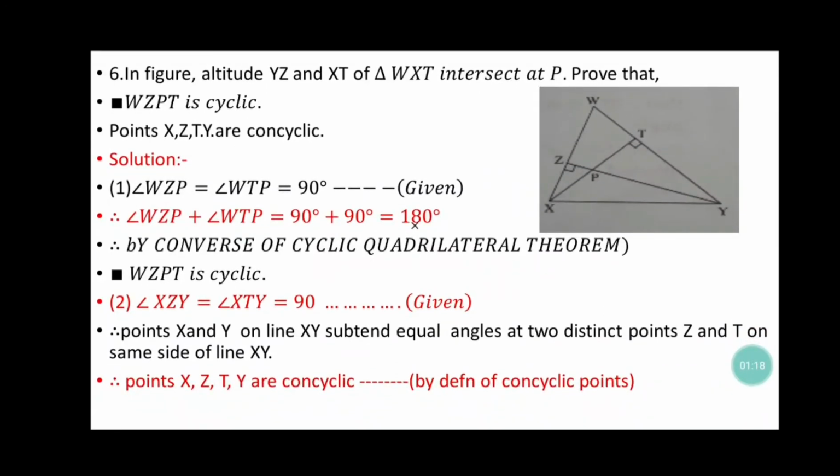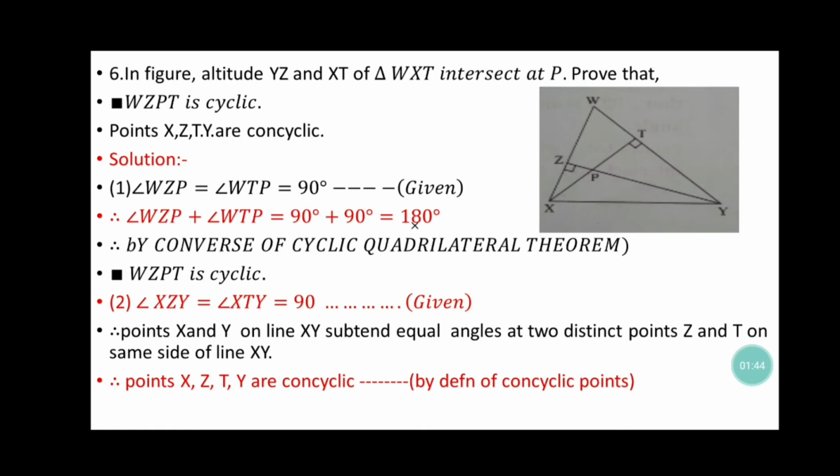the next one, in the figure, altitudes YZ and XT of triangle WXY intersect at point P. Prove that WZPT is a cyclic quadrilateral and points X, Z, T, Y are concyclic.